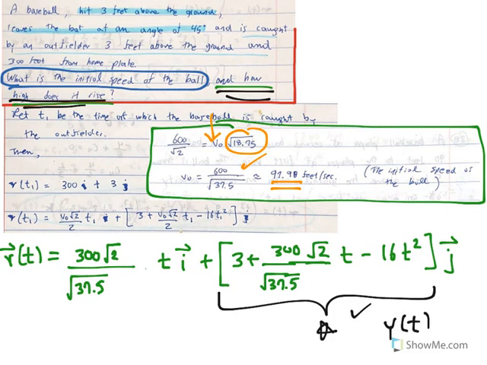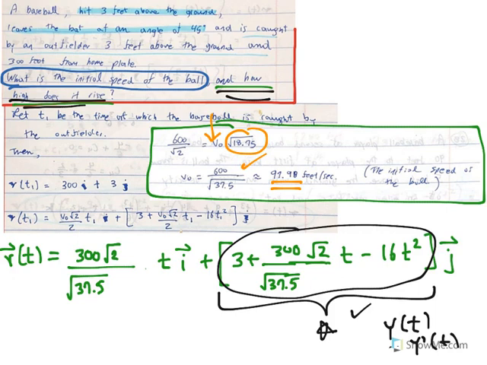So to do that, we will find the derivative of the y component. We will set the derivative equal to 0 to find critical numbers. And then we will determine whether we have a relative maximum or a relative minimum at the critical number. We will have a relative maximum. And then we will evaluate the function at the critical number to find the maximum of this function, which will be telling us how high the ball rises.